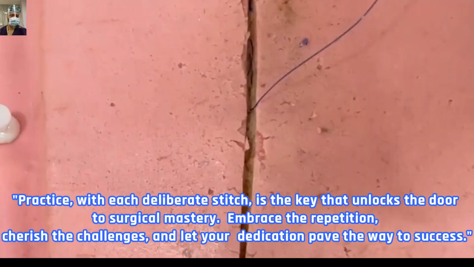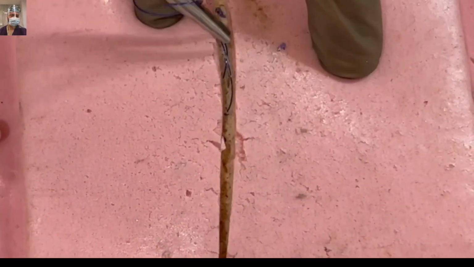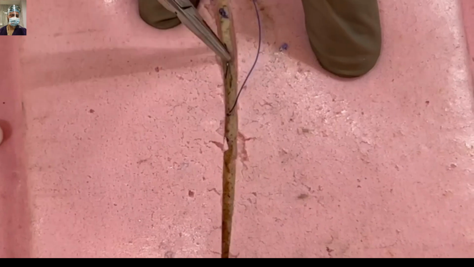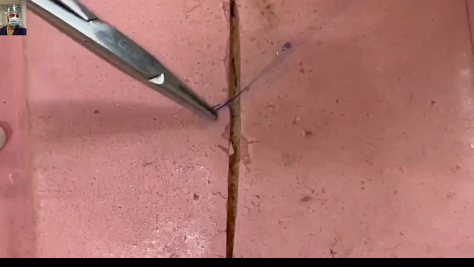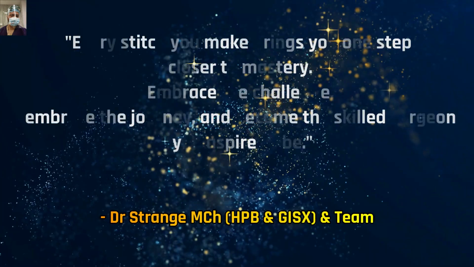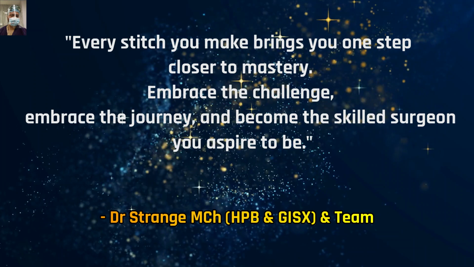Here we take the bite through the dermis, epidermis junction and subcutaneous tissue, and both the ends are coming down now. So do practice this technique also. The knot is buried inside the tissue and not visible, and the subcutaneous tissue is perfectly opposed.